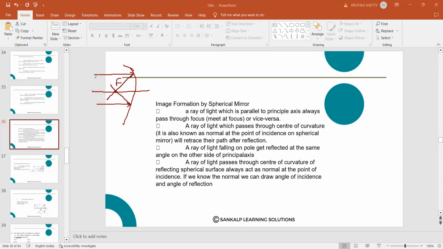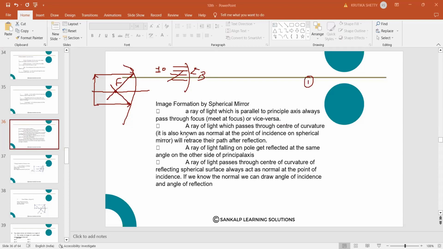So we need to see these kinds of rays for the formation of the image. There may be 10 rays which are parallel to the principal axis and moving towards the mirror, but among them very few, hardly 2 or 3, will reflect and pass through the focus. You need to see that first. So that is the first case.